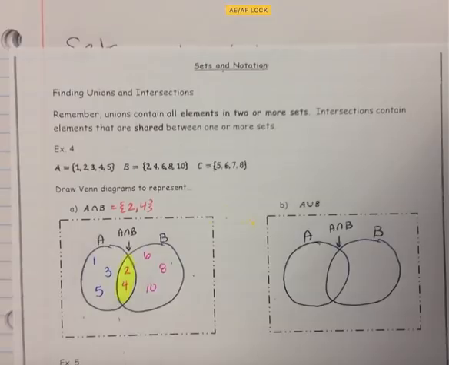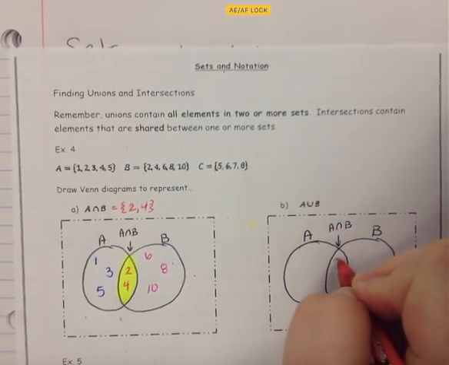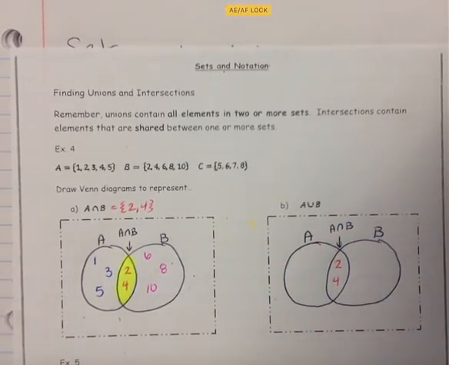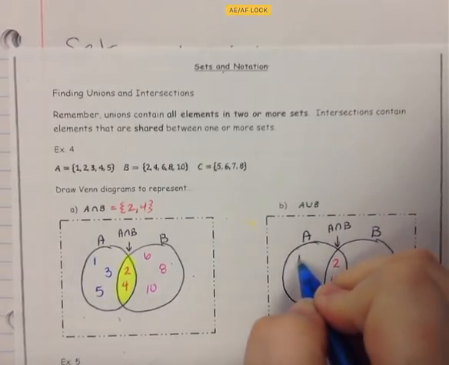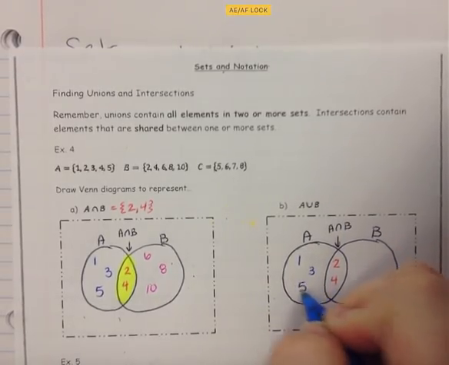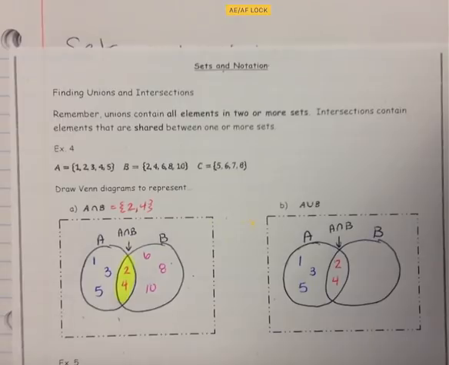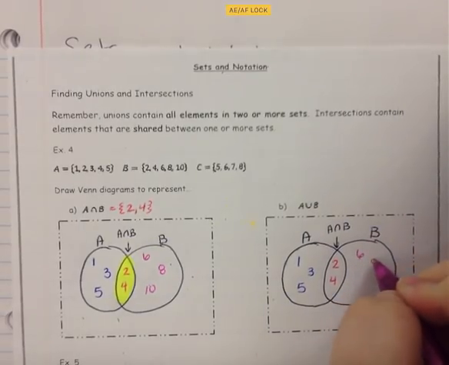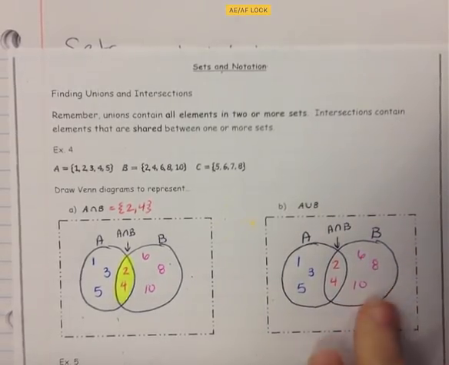So I still have the numbers 2 and 4 in the middle. 1, 3, and 5 are the numbers that are only in set A. And we have the numbers 6, 8, and 10 are the 3 numbers that are only in set B.